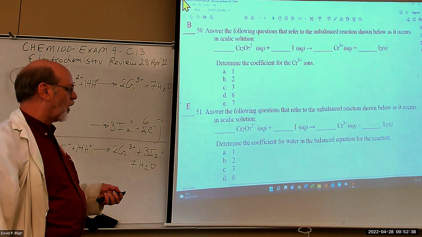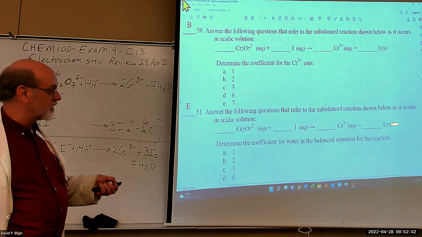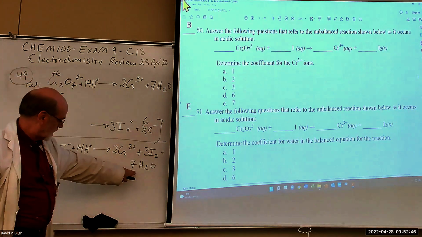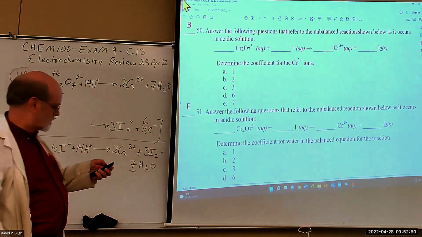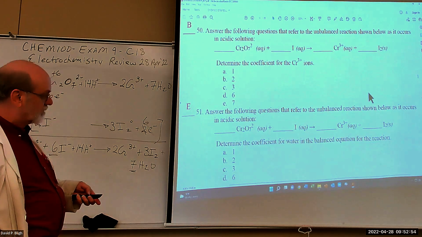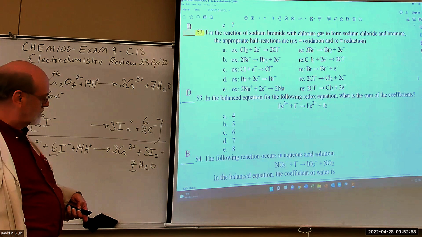Determine the coefficient for water in the balanced equation. There's no water in this part of it, but once you balance it, there is water. And there's a 7. Okay, I didn't scroll far enough. So let's scroll down and catch, it's probably E there.